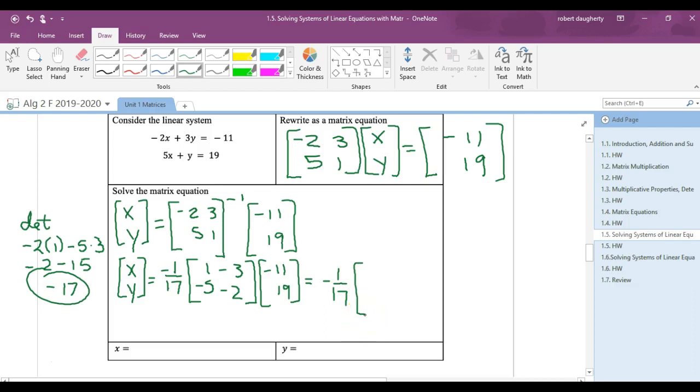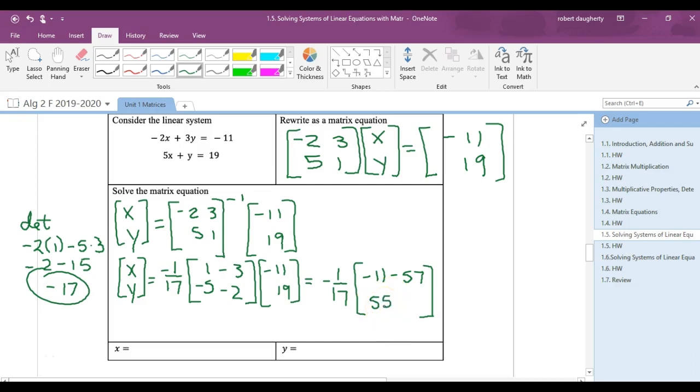What is 1 times negative 11? Negative 11. So negative 11. What is negative 3 times 19? Negative 57. And you can rely on a calculator if you need that. What is negative 5 times negative 11? 55.